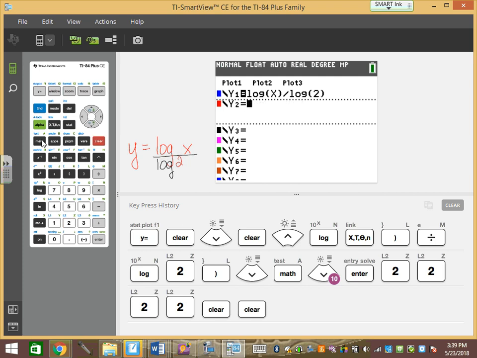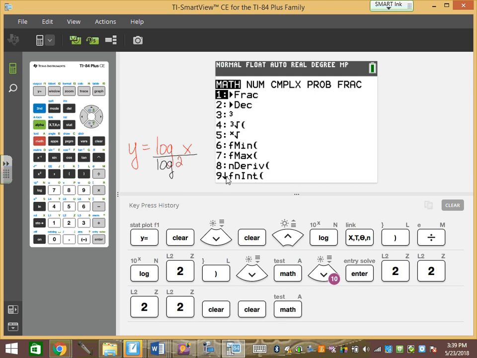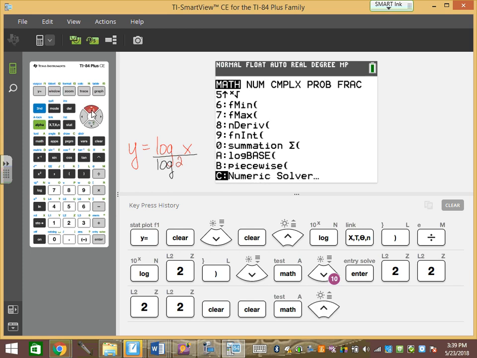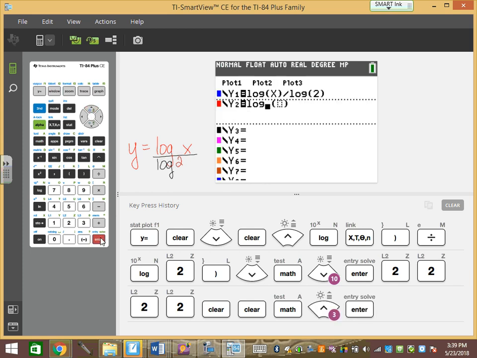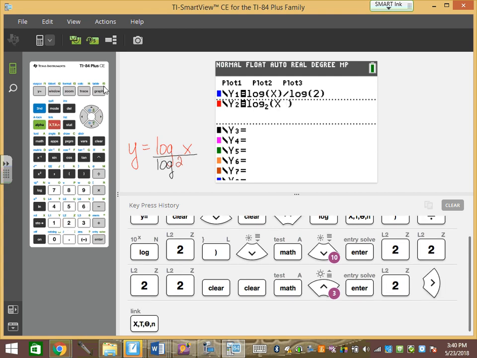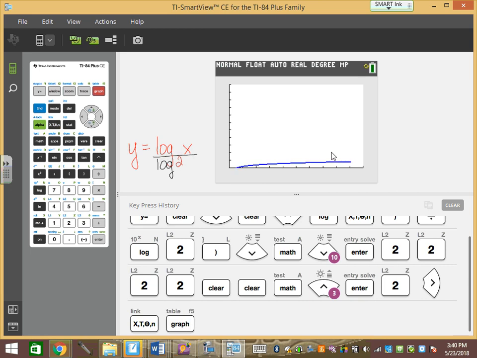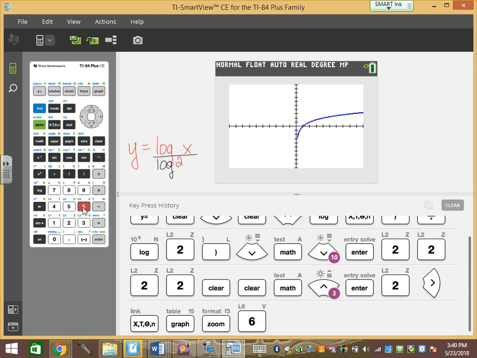So we can go math, down to A, or up to A, enter, base 2, x. And we can press graph, and you'll see that the blue and the red are the same. We need to change our window.